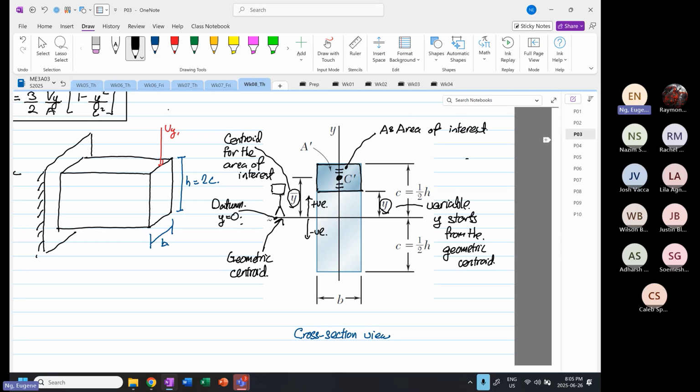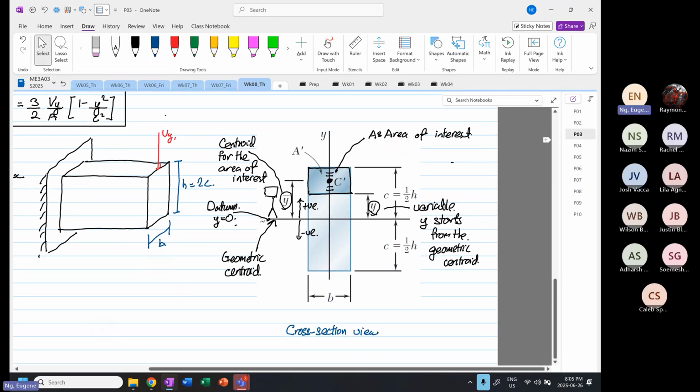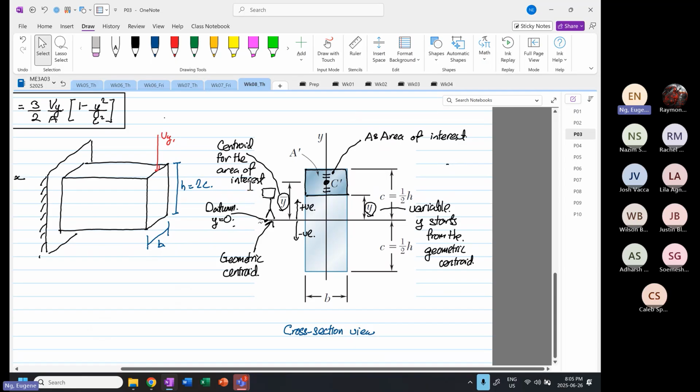Okay, now I'm going to copy this entire diagram. We're going to bring it over.